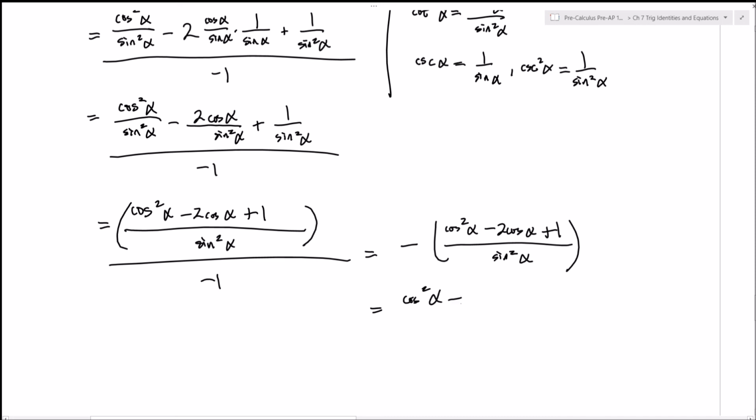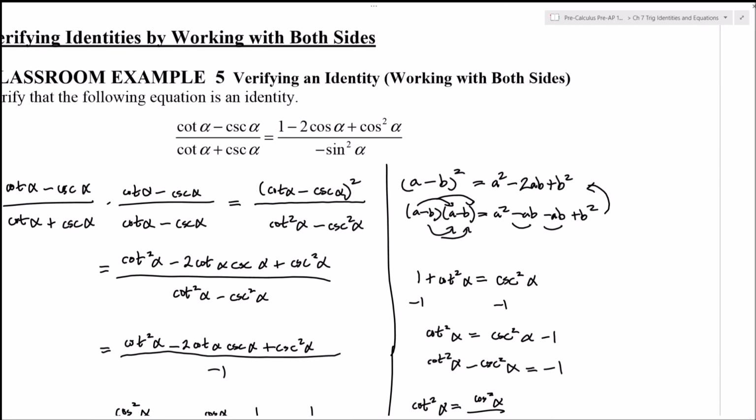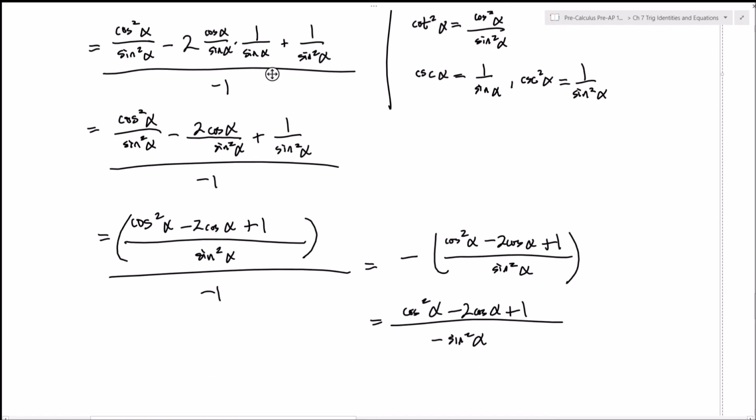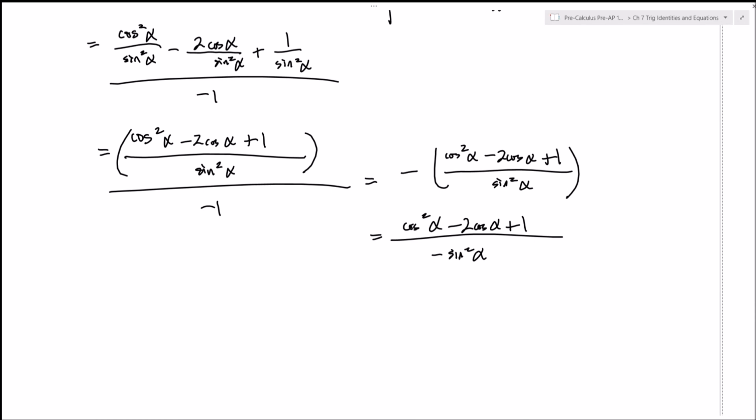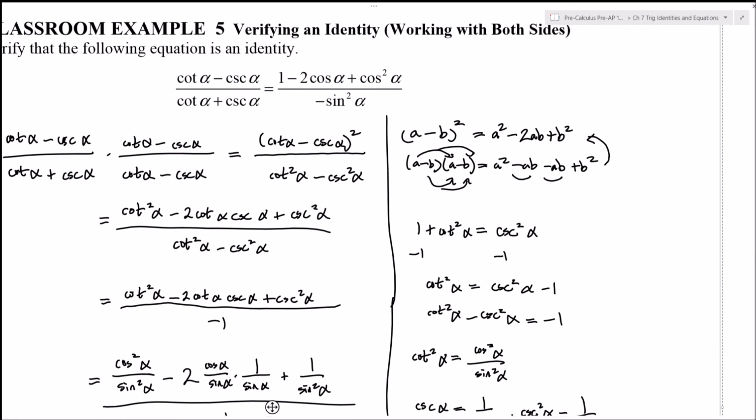Cosine squared alpha minus 2 cosine alpha plus 1 divided by, and you could move that negative sign to the bottom with the sine squared, which is where I wanted it because I'm trying to show that it's equal to this thing, which has the negative on the bottom. Only problem now, cosine squared alpha minus 2 cosine alpha plus 1, it's in the wrong order. But I'm tempted to just check mark that and say it's done because it's basically the same thing. All I'm going to do is switch some stuff around.